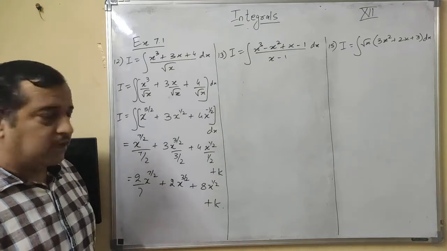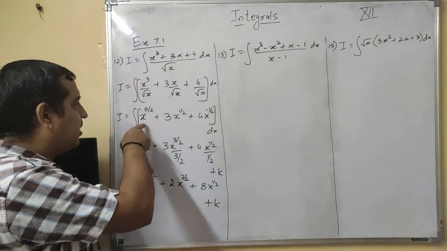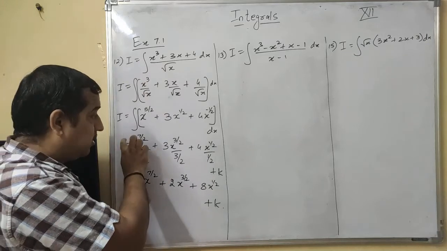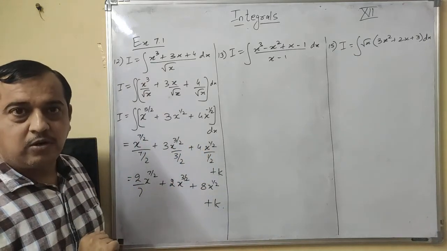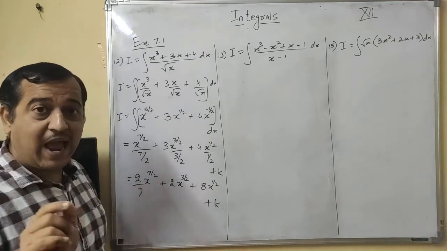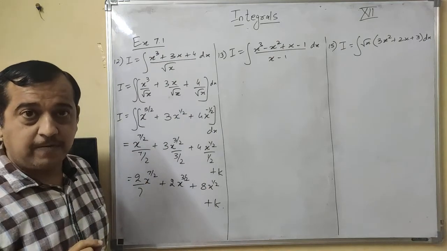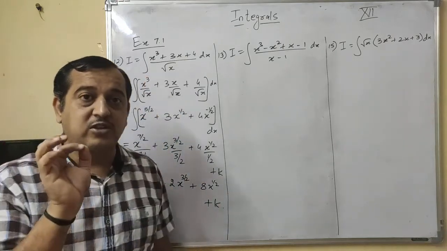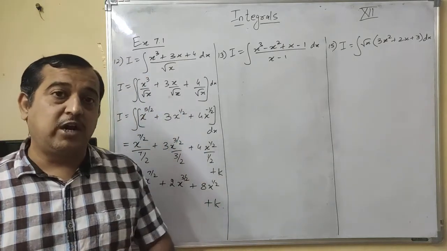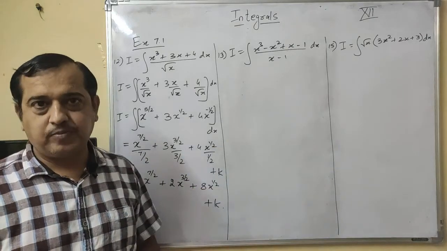One more thing, please see these three steps and see this step. This is the step where you are using integration. This is the step where you are actually using the formulas of integrals. And in these steps you are just doing the simplification which you are studying right from the 7th standard.